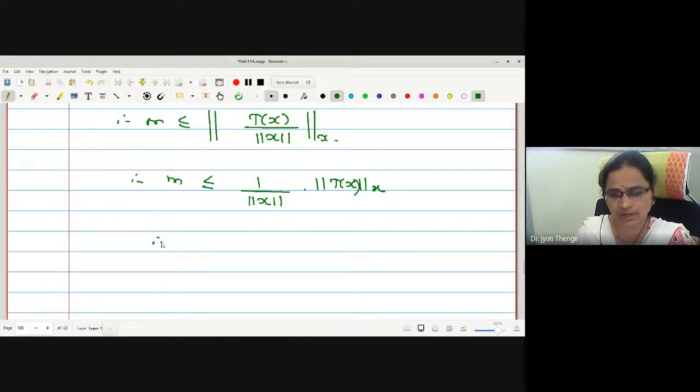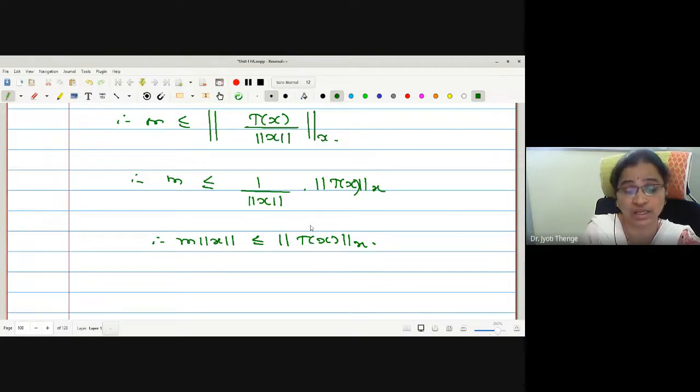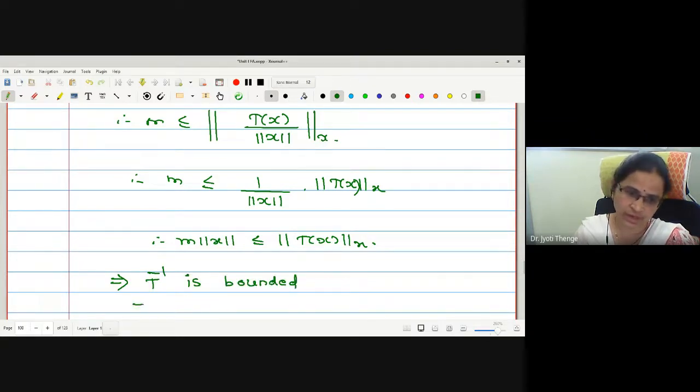What we have obtained is m norm of x is less than or equal to norm of T of x. Hence, this shows that T inverse is bounded, which implies T inverse is continuous.